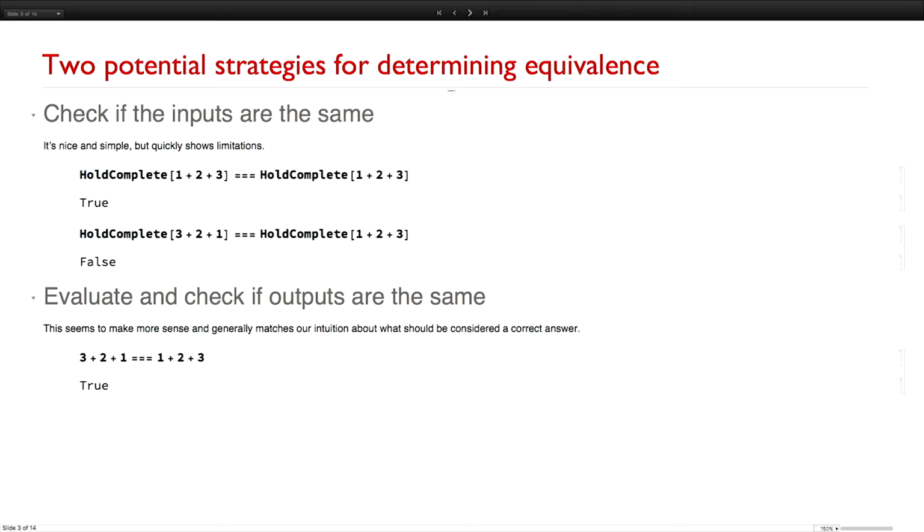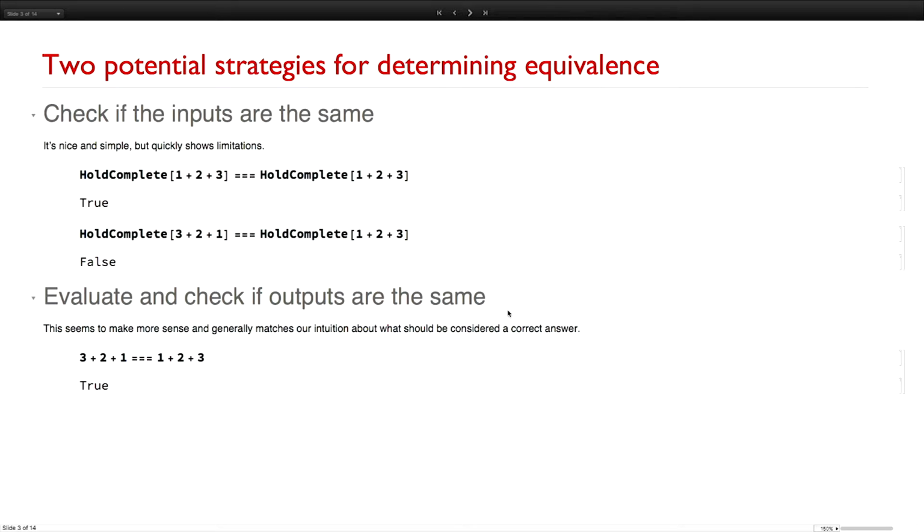You could look at the actual structure of the code, what they've written. Is the program identical to the one in the answer key? So in that first example, it asks you to compute 1 plus 2 plus 3. If that's your definition of equivalence, then only 1 plus 2 plus 3 will give you the right answer. If you do it backwards, not going to work.